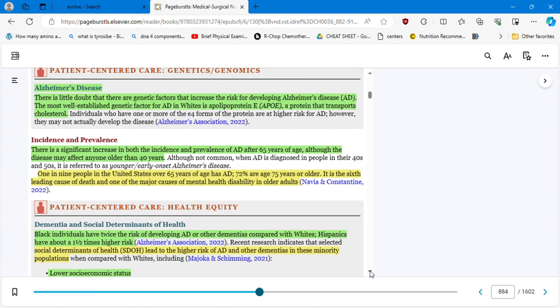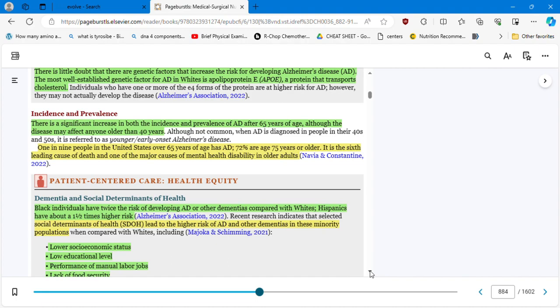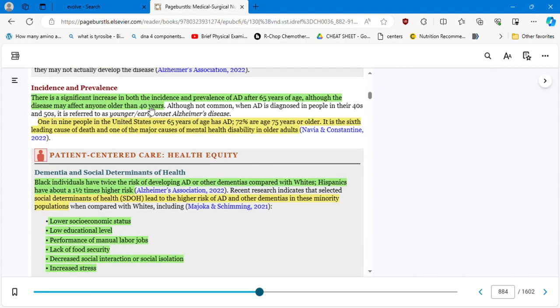And patients, they can access this information. Incidence and prevalence, there is a significant increase in both the incidence and prevalence of Alzheimer's disease after 60 years of age, although the disease may affect anyone older than 40 years, because the disease can present after 40, and someone can start developing the symptoms.